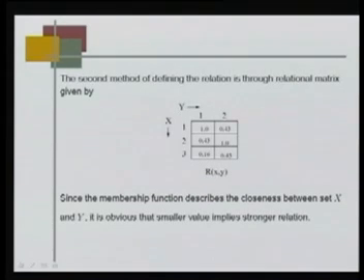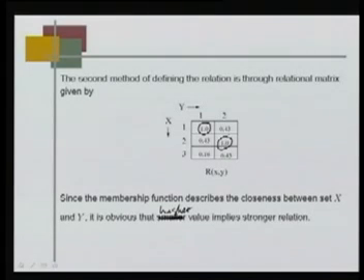Okay. So, since the membership function describes the closeness between set x and y, it is obvious that higher value implies stronger relation. What is a stronger relation? Between 1 and 1, they are very close to each other, and 2 and 2, they are very close to each other.